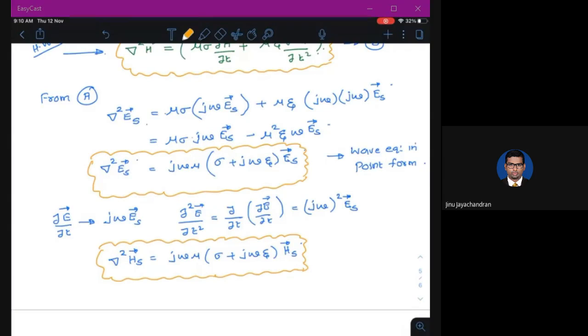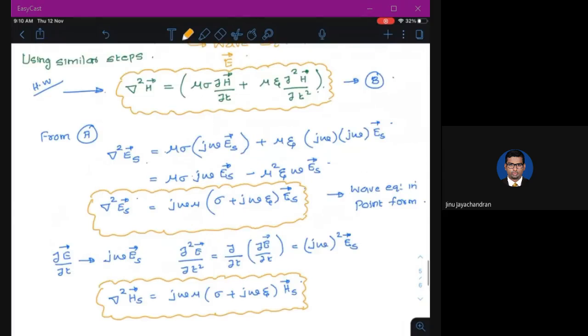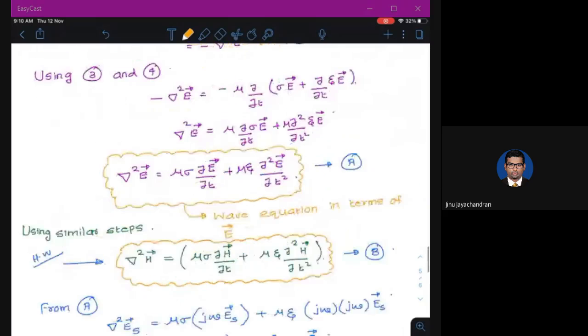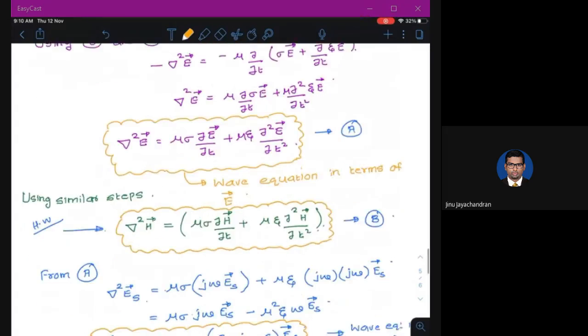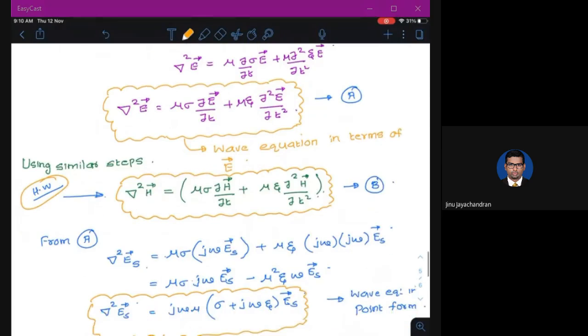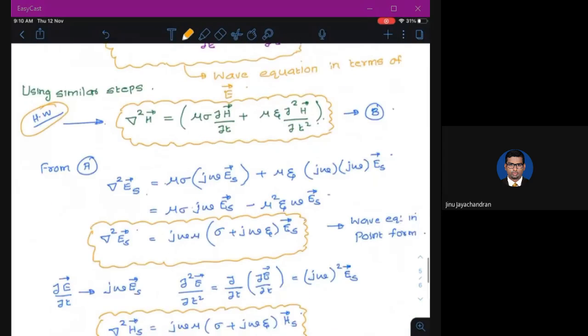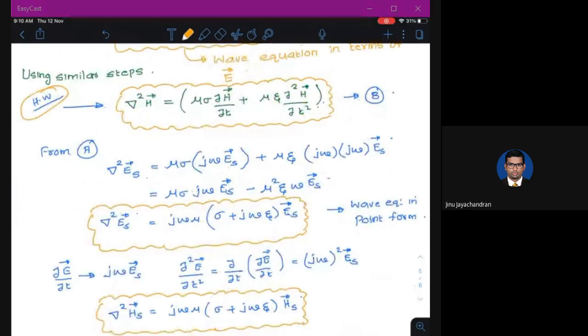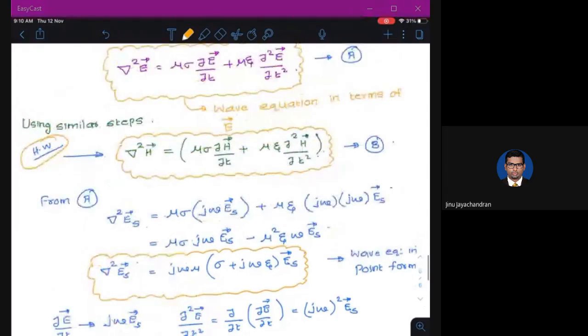So that completes our derivation of wave equation, electromagnetic wave equation in point form and in the differential form. Okay. So make sure you do this homework because this will help you in understanding that derivation much better. Okay. And also you can do the point form derivation from the start. Like instead of converting the final equation into point form, you can start with the point form.